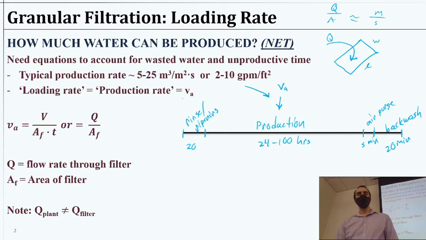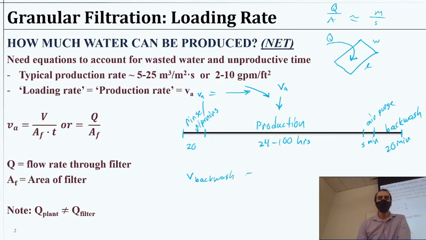The rinsing rate is always going to be the same because we just want to start operating the way we're going to be operating. So we'll have the same VA for the rinsing will be equal to the VA during production. And I'll write a note here. So the loading rate for backwash is not necessarily equal to VA.